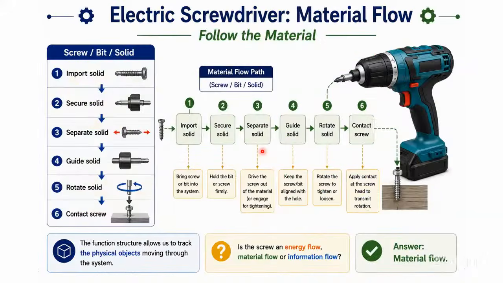So now let us go to the next flow, that is material flow. So what are the material? It may import solid, it may secure the solid, then separate the solid and it will guide the solid. That is, it keeps the screw or bit aligned with the hole. Then you rotate the screw to tighten or loosen it. And finally you have contact screw, that is apply contact at the screw head to transmit the rotation.